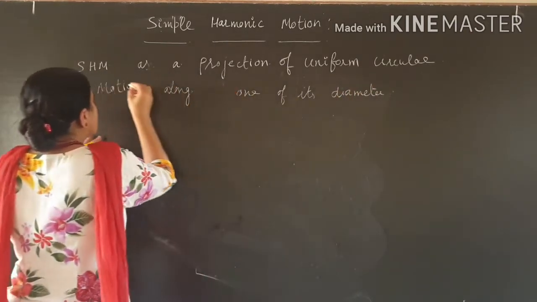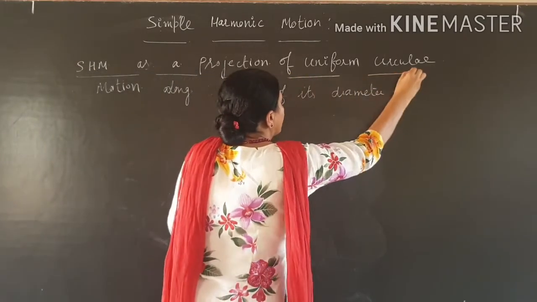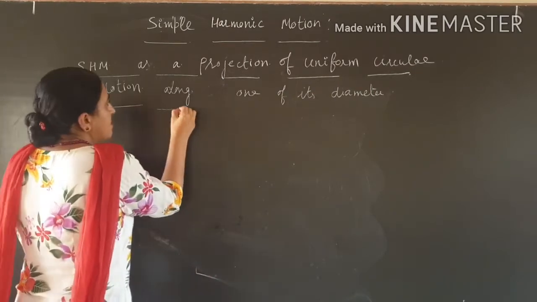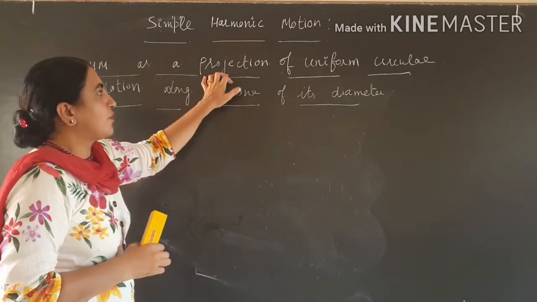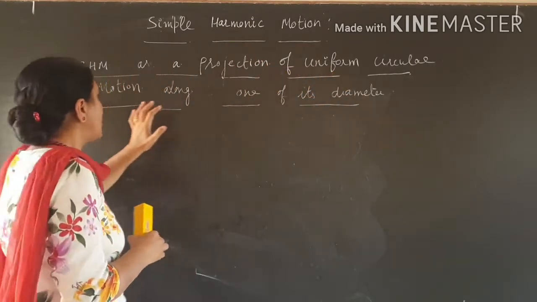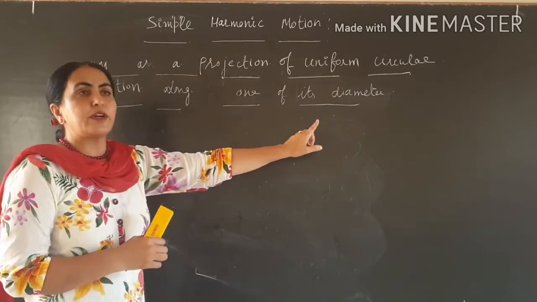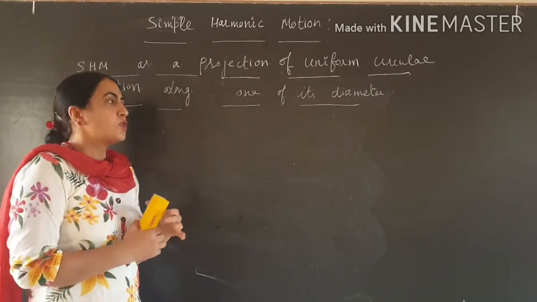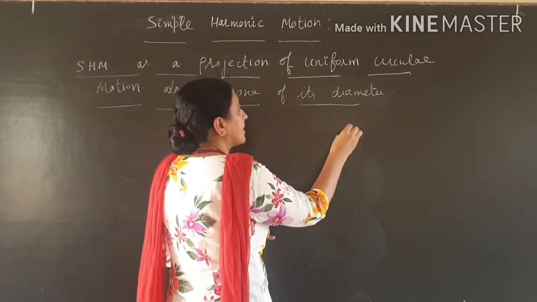This is very important, and you have also done this topic in class 11: simple harmonic motion is a projection of uniform circular motion along one of its diameters. Very important. So I will show you with the help of a diagram.